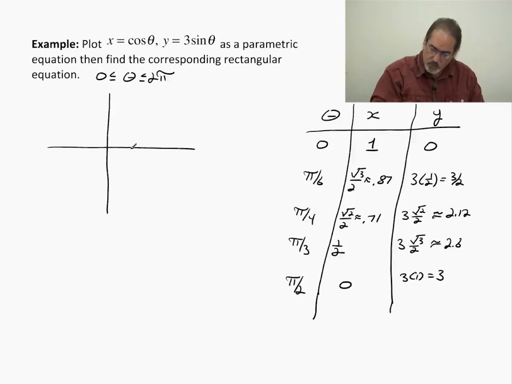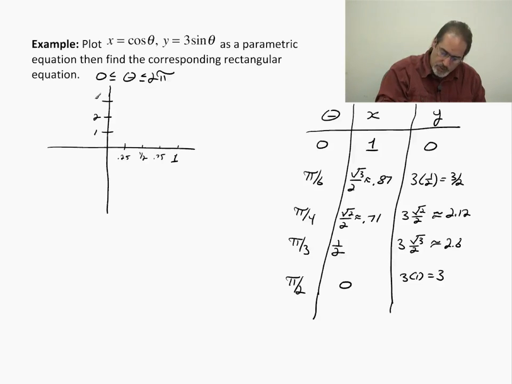Let's see, x goes out to 1, so let's do this in terms of 0.25, a half, 0.75, 1. That should help me a little bit with my scale. And then y goes to 3. So obviously I'm going to lose my scaling here because there's no way I'm going to get 3 in the same scale. I should drop it down farther, but that's okay. You get the idea. 1, 2, 3.